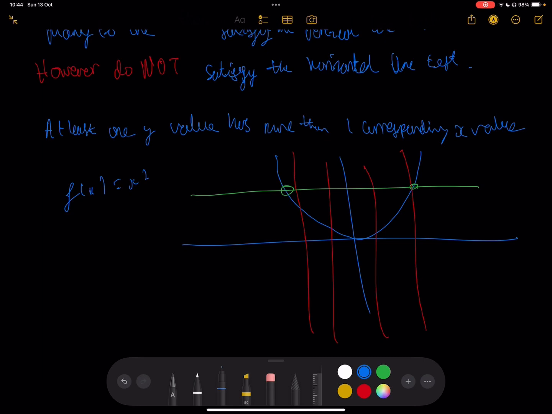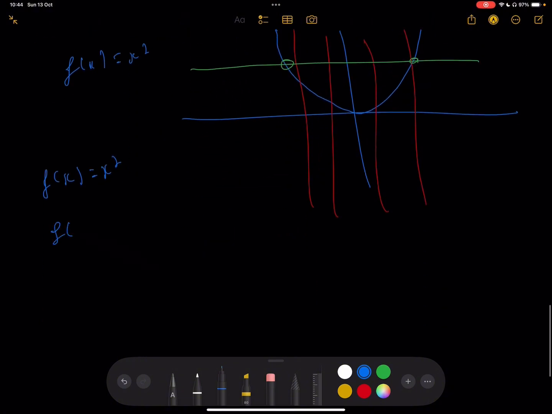Well, as we have the function f of x is equal to x squared, let's try to substitute some numbers in. If f of x is equal to 4, then x squared is equal to 4, which means that x is equal to plus or minus root 4, so x is equal to plus or minus 2. So x is equal to 2, or x is equal to minus 2.